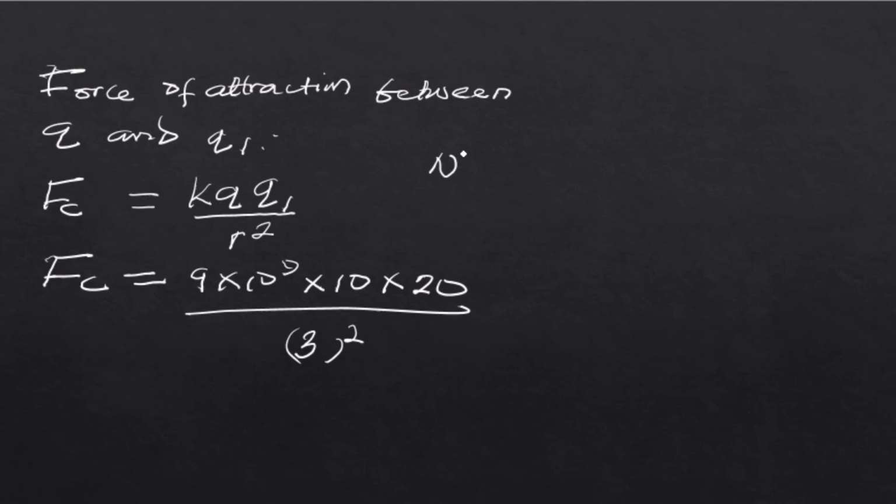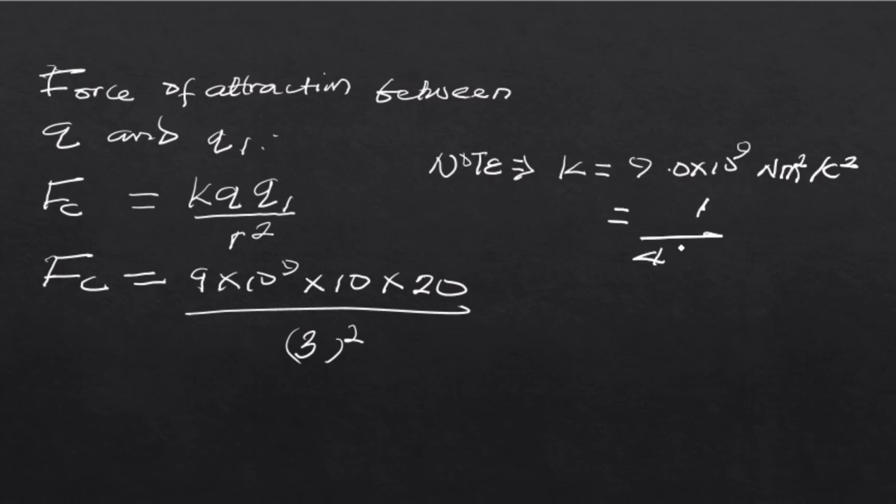Note that K is equal to 9.0 times 10 raised to the power of 9 Newton meter squared per coulomb squared, and it's the same thing as 1 over 4 pi permittivity of free space. So always remember this.